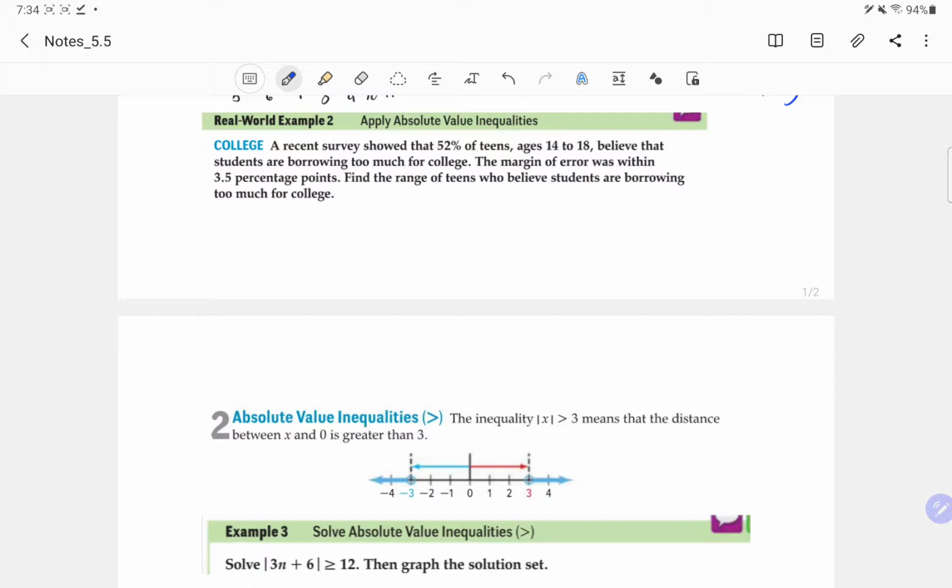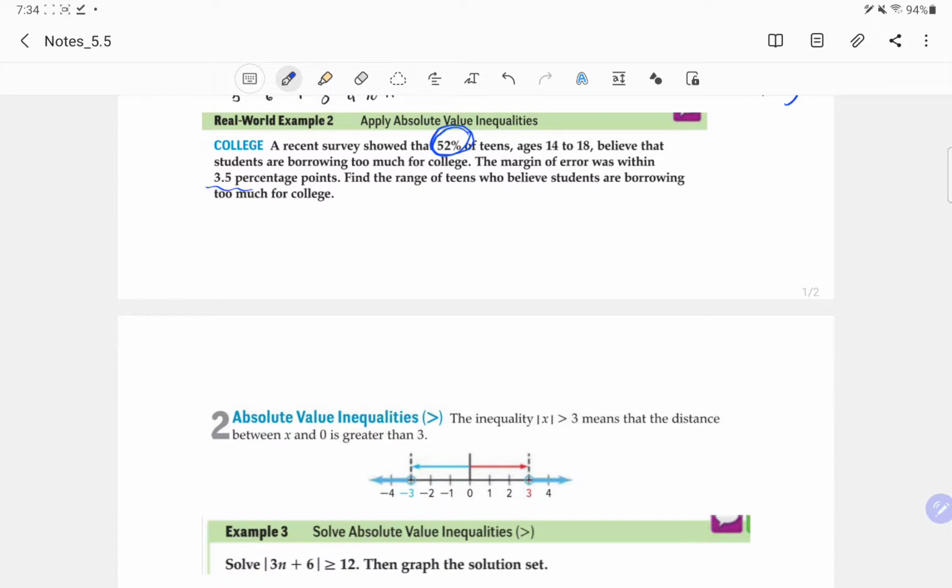All right, so what that means is, however many teens believe that they're borrowing too much money for college, if I subtract that from this 52%, which is like that mid-range, that's the understood value, I should get 3.5 because we're within that.